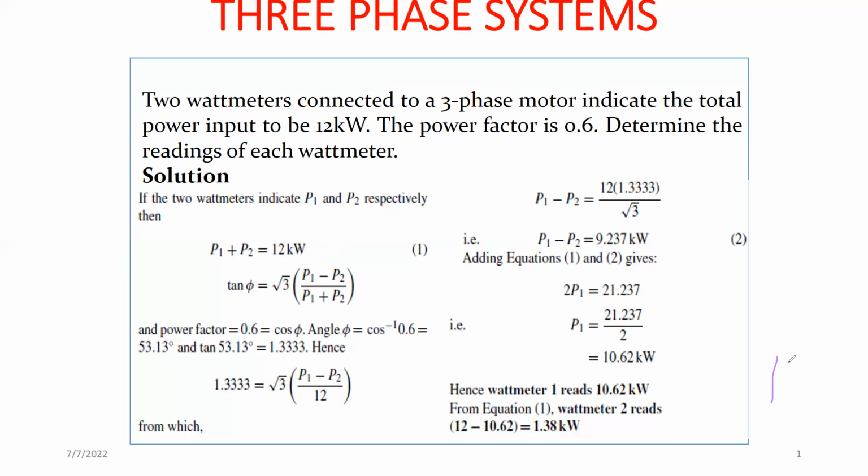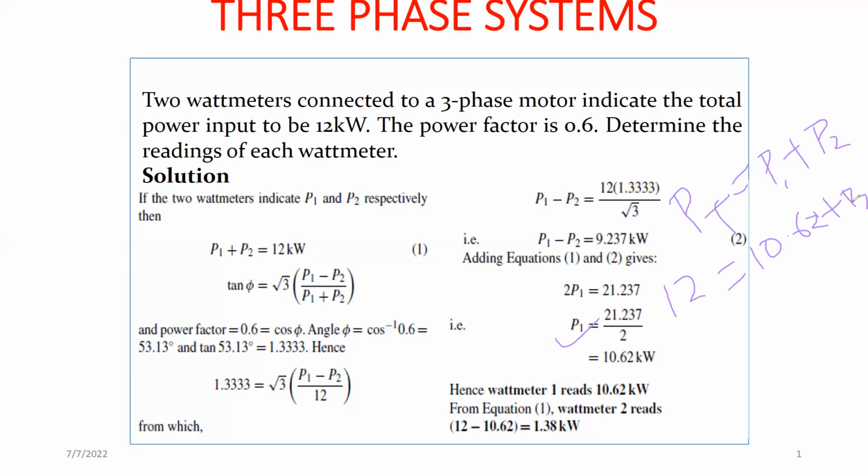And from our formula for finding the total power, PT is equal to P1 plus P2, and we are given the total power as 12. Now we have found P1 as 10.62 kilowatts, plus P2. Now we don't know P2.